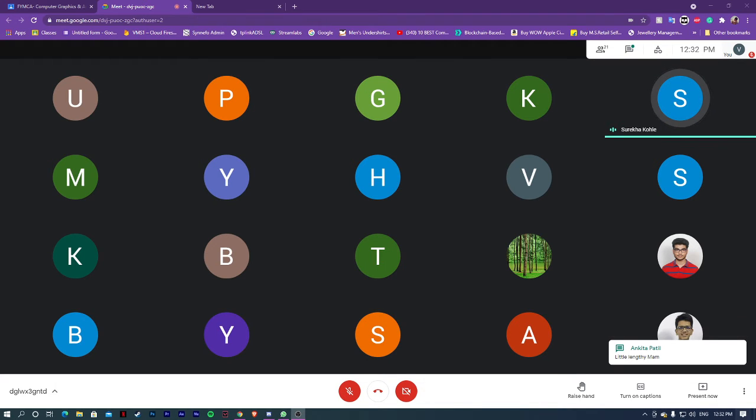A little lengthy. Okay. See, as you know, this OS was a theory paper, but yes, it was lengthy. But you had to write. I think some students have written very properly according to the marks, and I have given them marks properly. But some students have written something that is not relevant to that particular question.